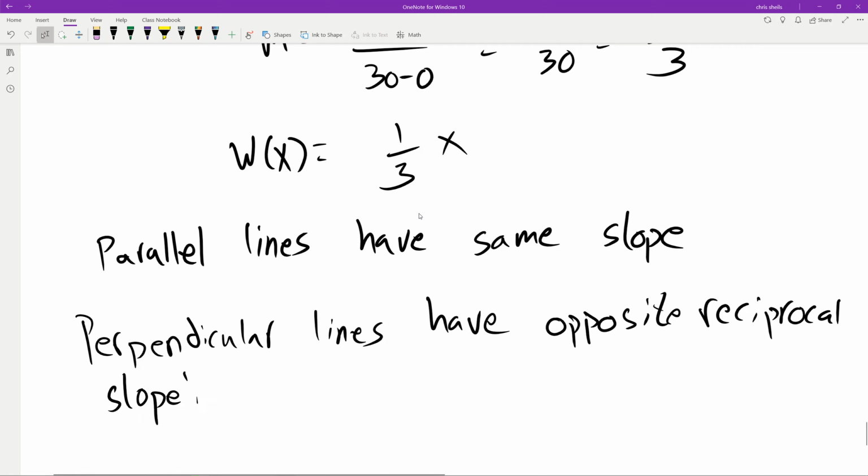And what we mean by this is if I have two slopes, m1 and m2, then m2 is equal to negative 1 divided by m1.